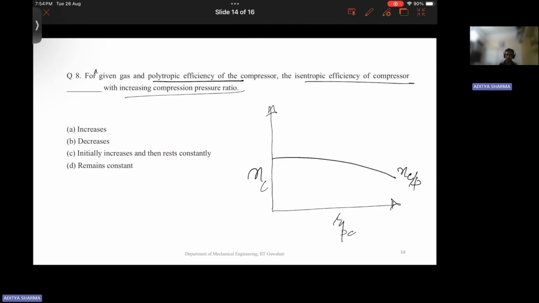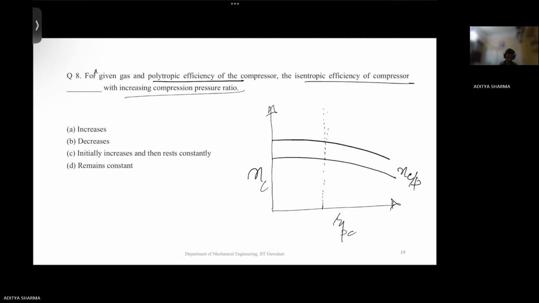If you have to compare two compressors, we bring their pressure ratios to a single pressure ratio, and then we compare their polytropic efficiency. So it decreases. B is the correct answer.